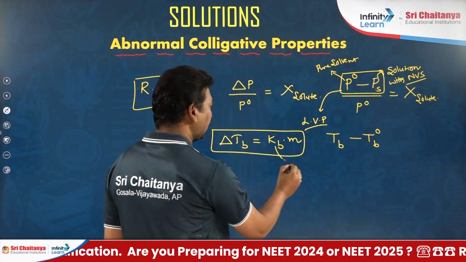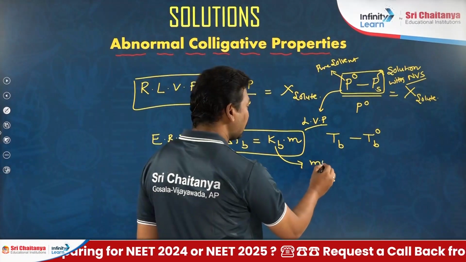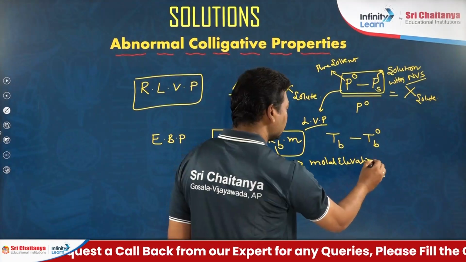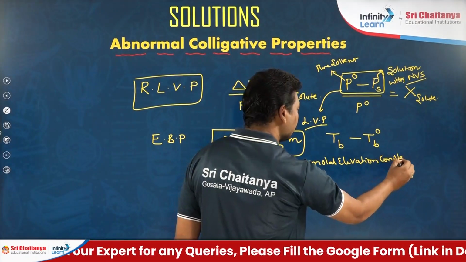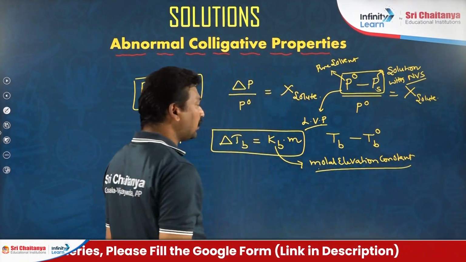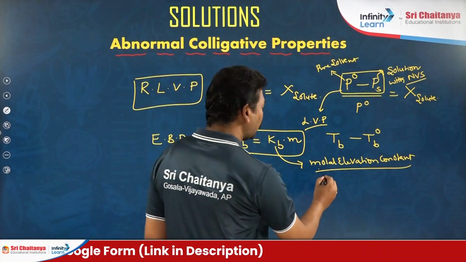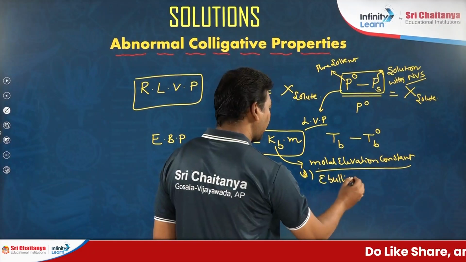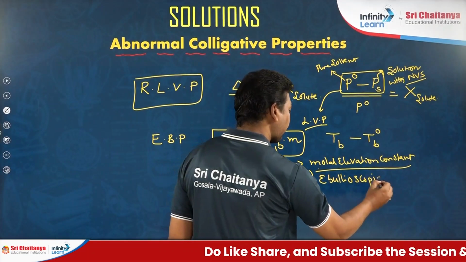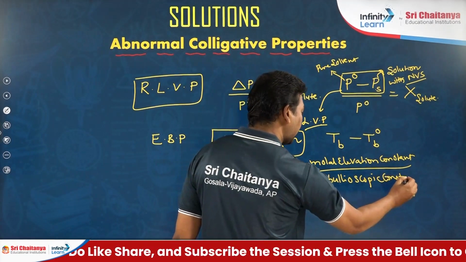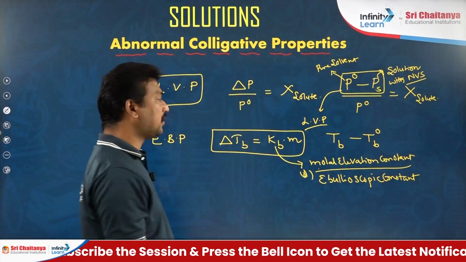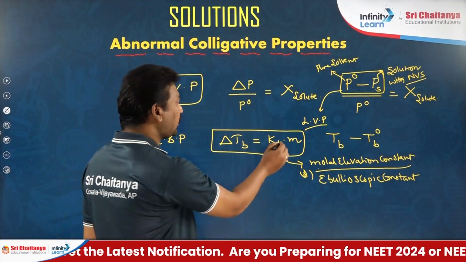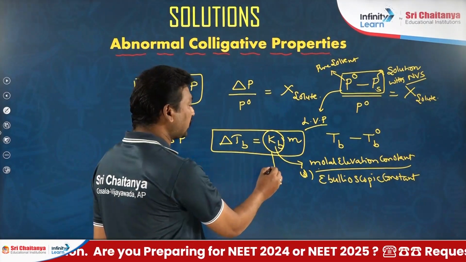And what is this Kb? Kb is the molar elevation constant, also known as the ebullioscopic constant. The value of Kb is independent of the concentration of the solution.